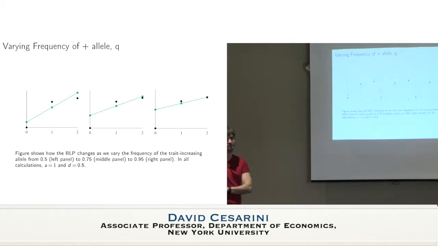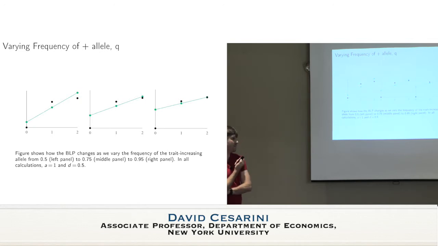And regression just minimizes some squared deviation between the predicted value and the actual genotypic value. So the slope will change if we vary the allele frequency, and so will the dominance deviation.